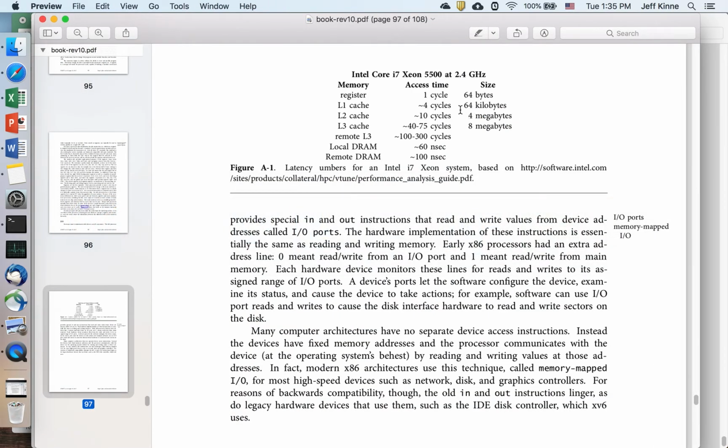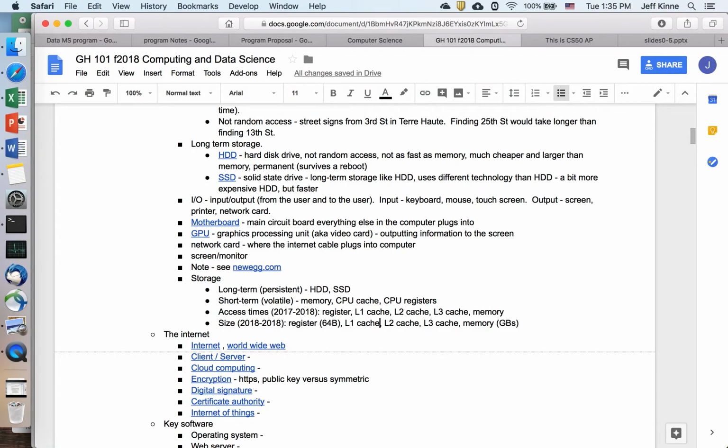And then the L1 cache is 64 kilobytes. So we went up from bytes to kilobytes. And then L2 and L3 are in megabytes, 4 megabytes and 8 megabytes.